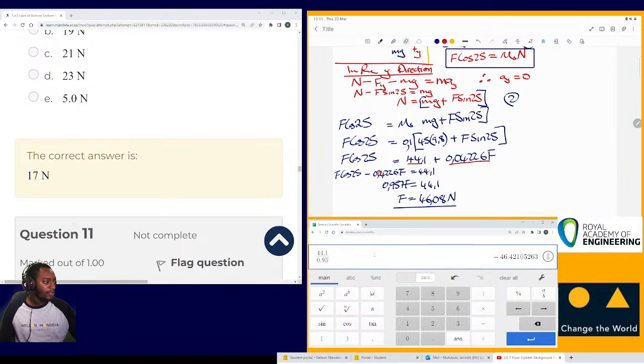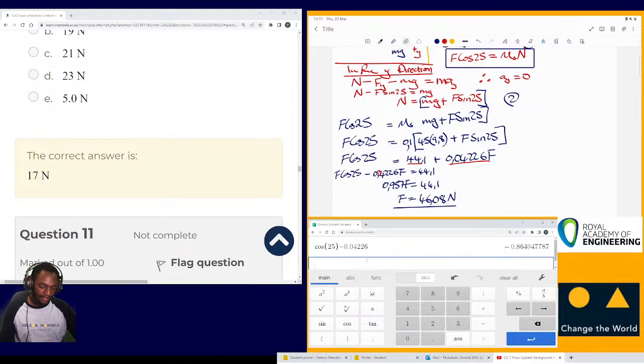So let's see, then we say cos 25 minus 0.04226. We get that right?